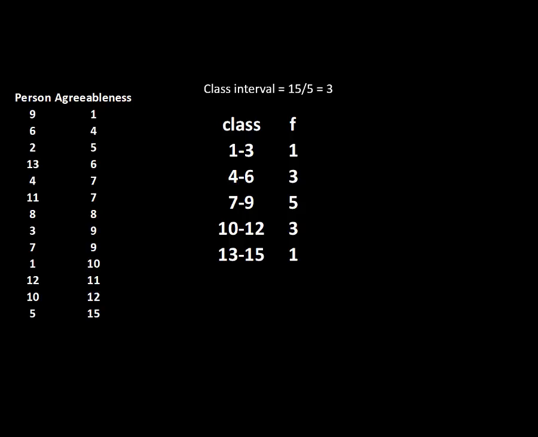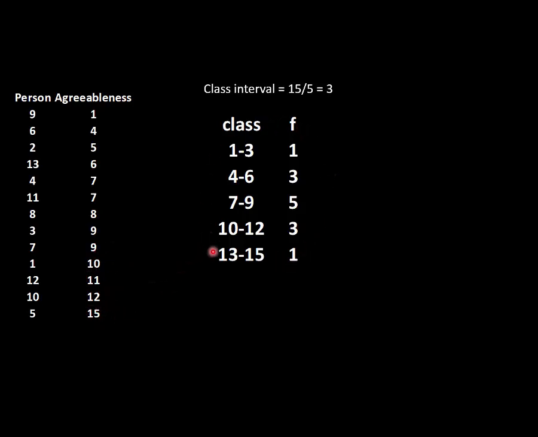So here's our grouped frequency distribution table. So we counted up the number that fell into the interval 1 through 3. There was only one of them. In the interval 4 to 6, we had 3 of them fall there. In the interval 7 to 9, we had 5 observations there, and so on. 3 from 10 to 12, and only 1 from 13 to 15.